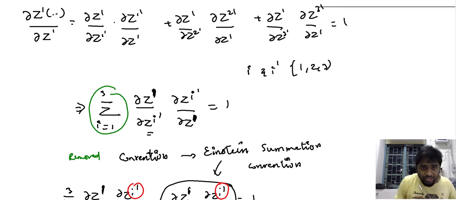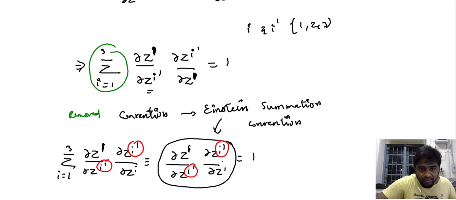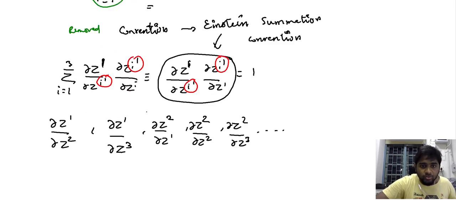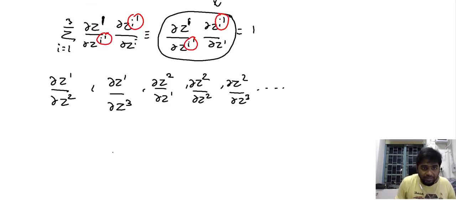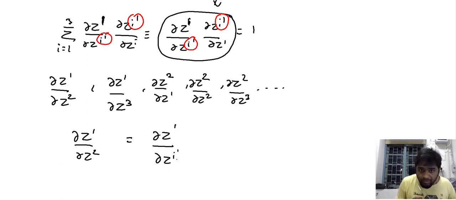When you consider the summation, only these indices vary, and the rest are constant values. So using this Einstein summation, we have to express the partial derivative of 1 with respect to 2. Then the corresponding expression would be the partial derivatives of z1 with respect to I prime and I prime to z2.